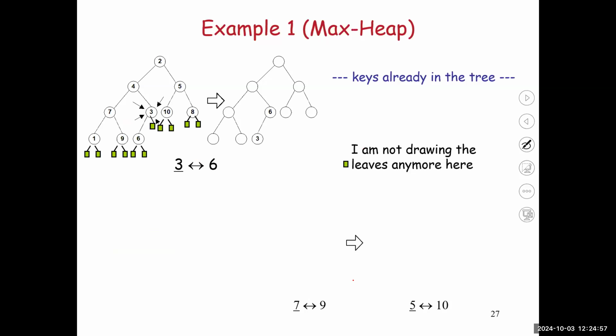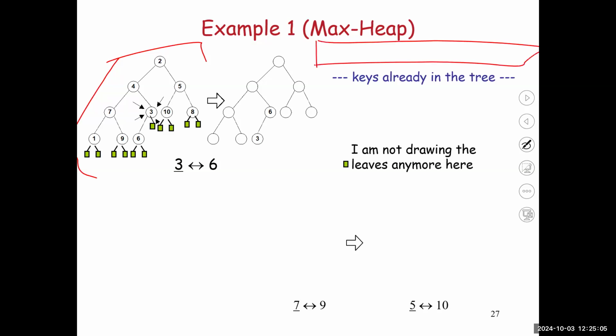So let's see how it's going to work. Let's say I have this one here. If I want to represent this as an array, what is the representation? Who can tell me? Do you want to try? If I want to represent this in an array, what will be at index 0? It will be 2 here.